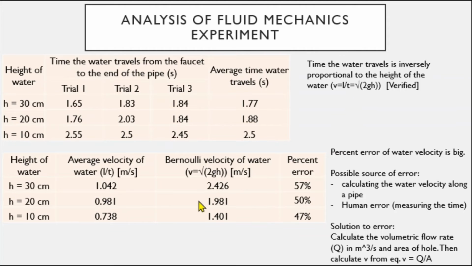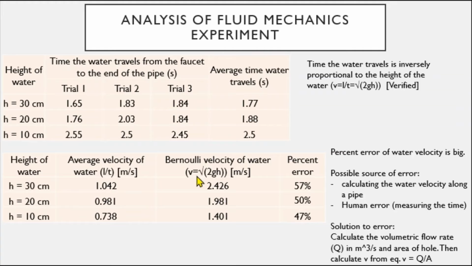However, let's see the second table here. I calculate the experimental average velocity of the water travels. V is equal to L over T in meter per second here, and also calculate the theoretical values of the velocity of water travels in meter per second also here.